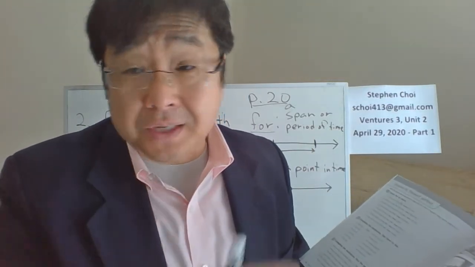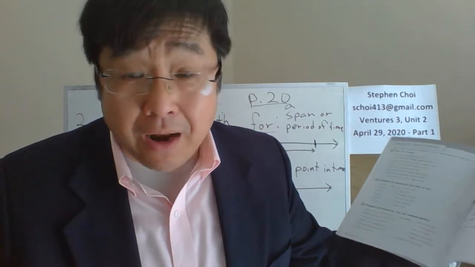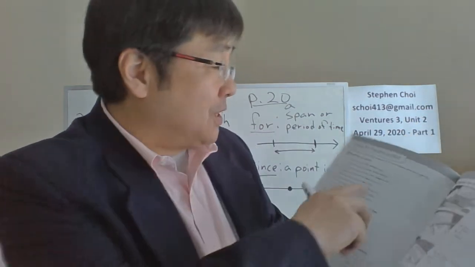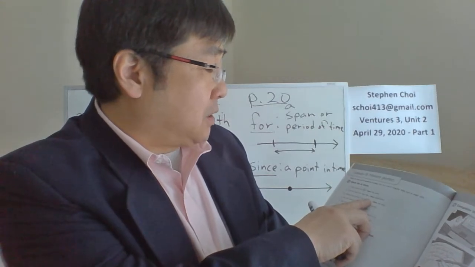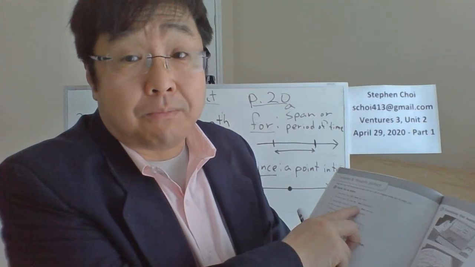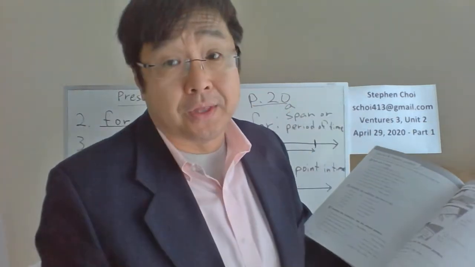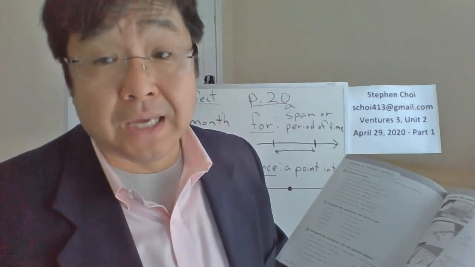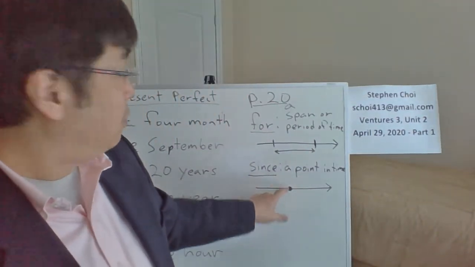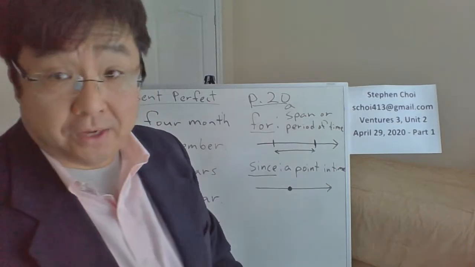If it said 1 month, that's a span of time. So if it said Tina has taught this class 1 month, you say for 1 month. But if they use a particular month in the year, like September, then you have to say since September, because September is a point in time, while 1 month is a span of time.